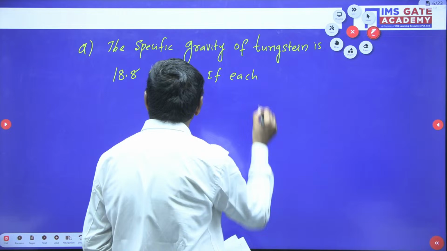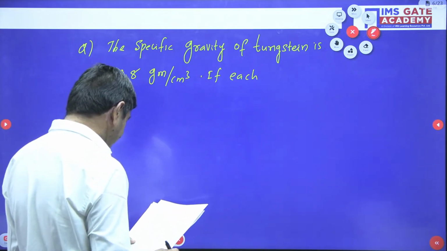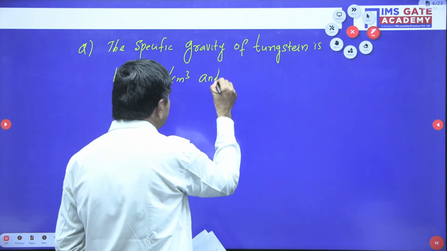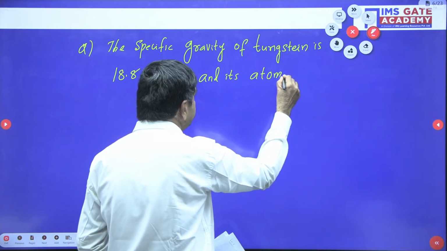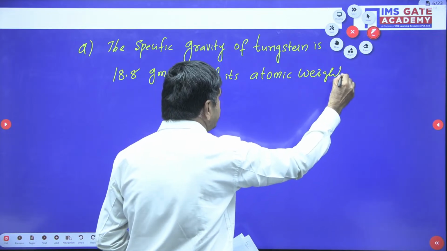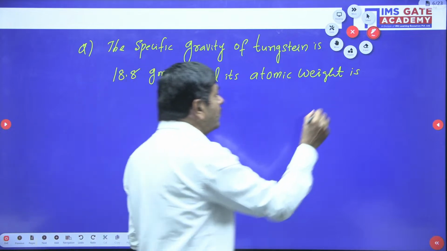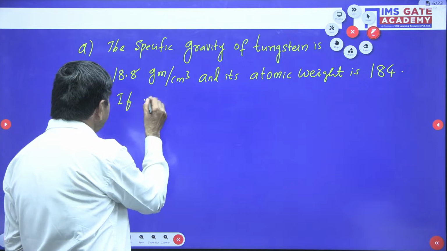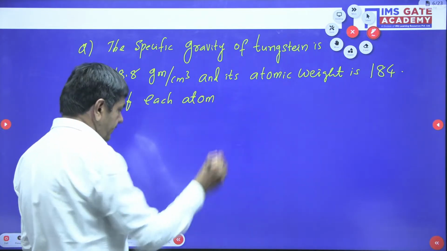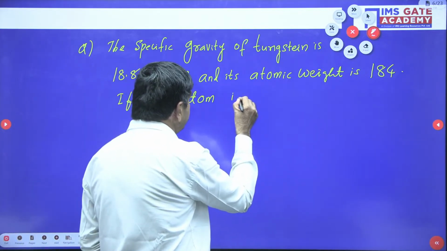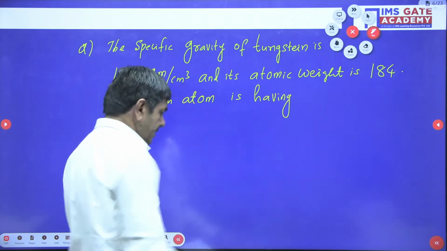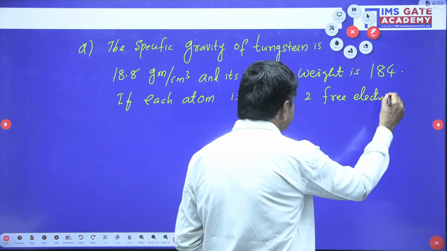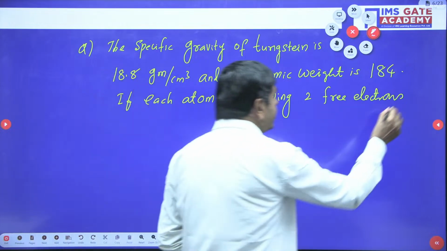Its atomic weight is given as 184. If each atom is having two free electrons, calculate the electron concentration.